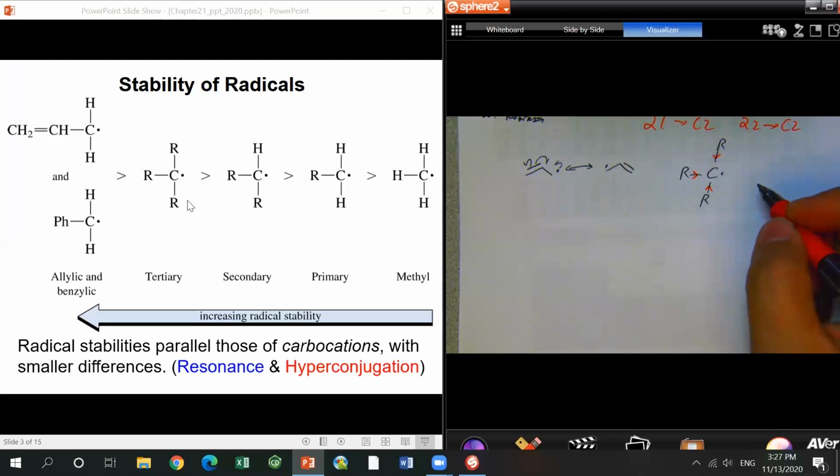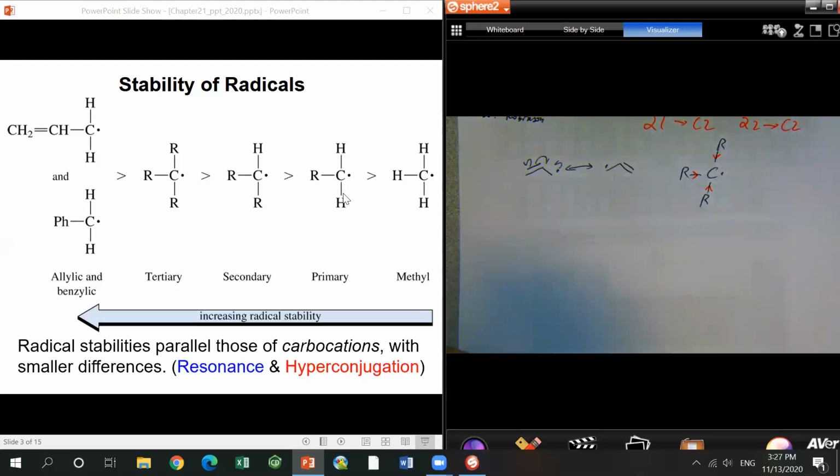So the more R groups you have, the higher the stability. For the hydrogen case, there's no such hyperconjugation effect, so that's why methyl and primary are less stable. Please keep this in mind, because that determines the reactivity in some later reactions.